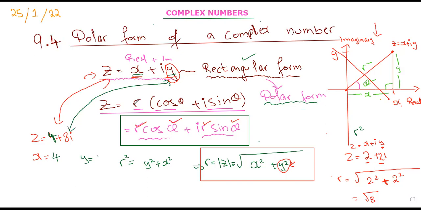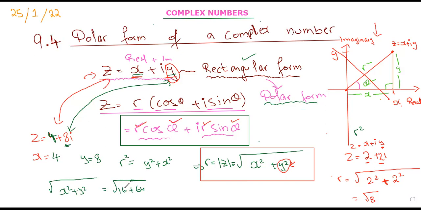So the number which is written with iota is y. Just like in partial fractions, we make comparison and find out the values of a, b and all those coefficients, similarly you're making comparison. So iota is with y, which means 8 is y. Once you have x and y, you only have to do x square plus y square, and you can easily find under root 16 plus 64. Is this clear now?